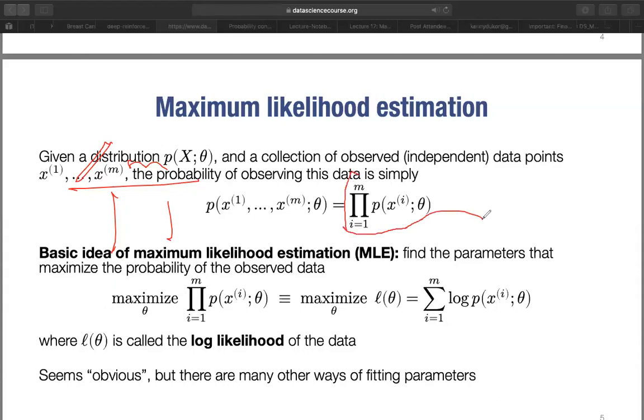Now you have data from x1 to xm, and you want to find parameters. You're trying to find parameters that will maximize the probability of giving a right prediction, basically.